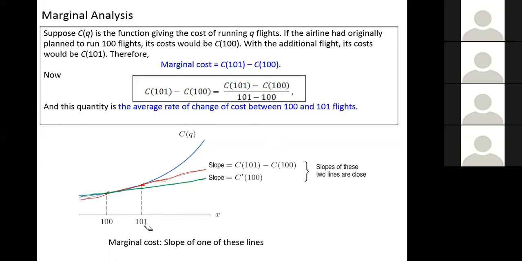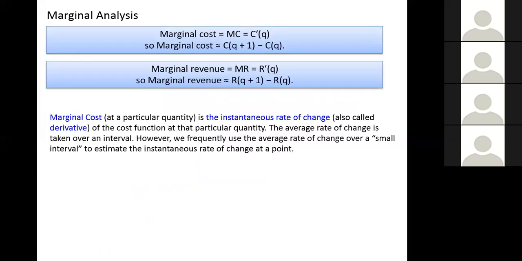The difference between 100 and 101, we consider as a small interval, yeah? to estimate the instantaneous rate of change. Instantaneous rate of change is the derivative, the slope of the tangent. Okay, I think we know that the instantaneous rate of change at the point is simply the derivative, and of course, the slope of the tangent line.